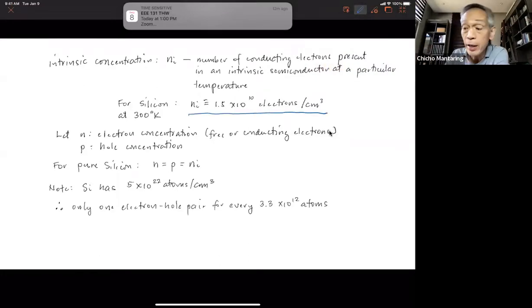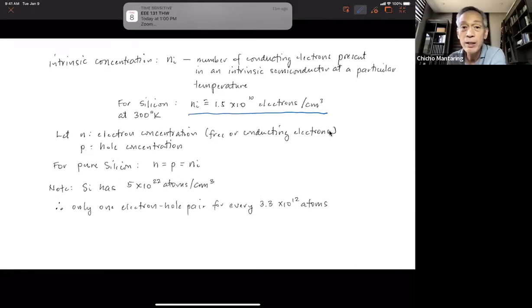Note that in the last lecture I gave a figure 1. In fact, I even showed you a graph of how intrinsic concentration varies with temperature. And if you take a look at that graph, and you can see that from the notes that I published of my lecture, it's actually greater than 1 if you try to interpolate that from the graph.